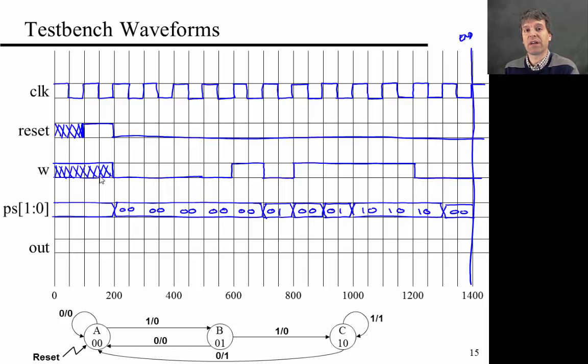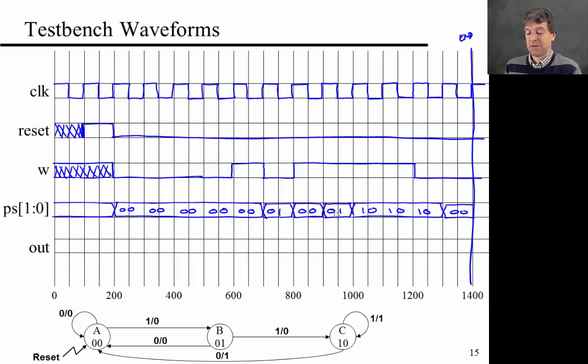Similarly, the first time we do anything to W, the input, was here after 200 time units. Before that, it was undefined, and then there was a series of changes to W. You can take the code from the previous slide and convince yourself that you get the same drawing.